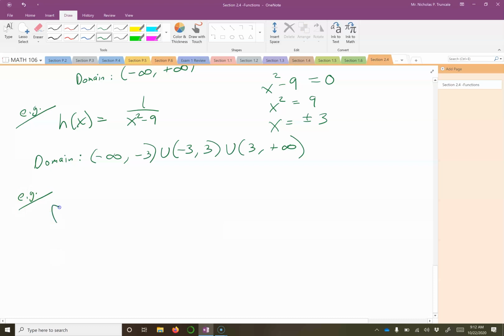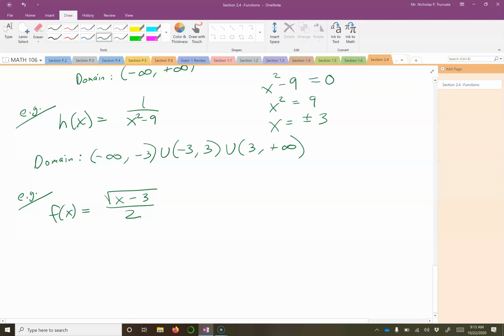Another one. How about f of x equals the square root of x minus 3 over 2. Okay? First off, do we have to worry about the 2 in the denominator here? We don't, right? Because it's never going to be 0, so we don't have to worry about it.